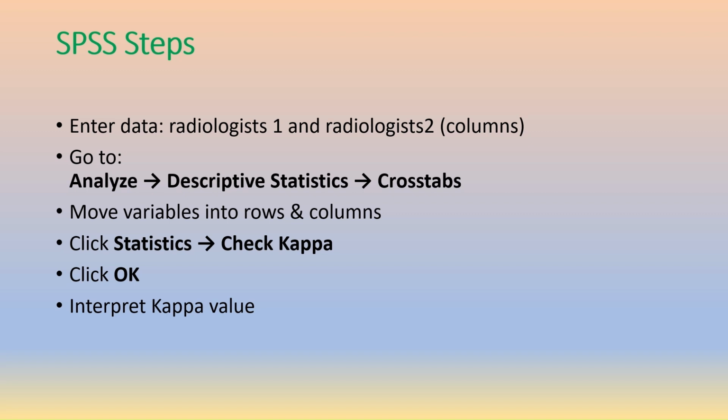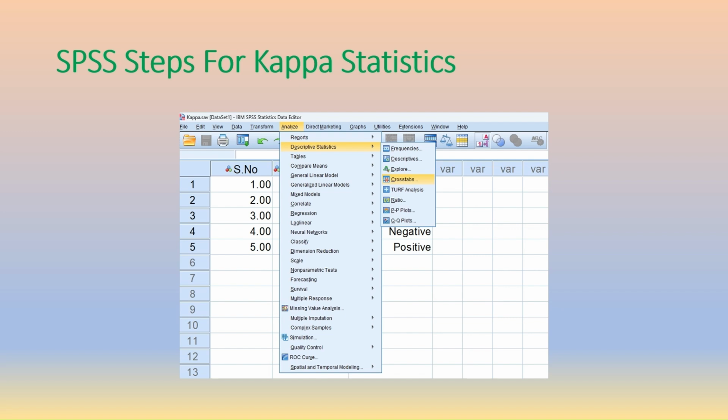SPSS steps: enter data for radiologist 1 and radiologist 2, go to Analyze, Descriptive Statistics and Crosstabs, move variables into rows and columns, click Statistics, check Kappa, click OK, interpret Kappa values. Go to Analyze, Descriptive Statistics and press the Crosstabs button.